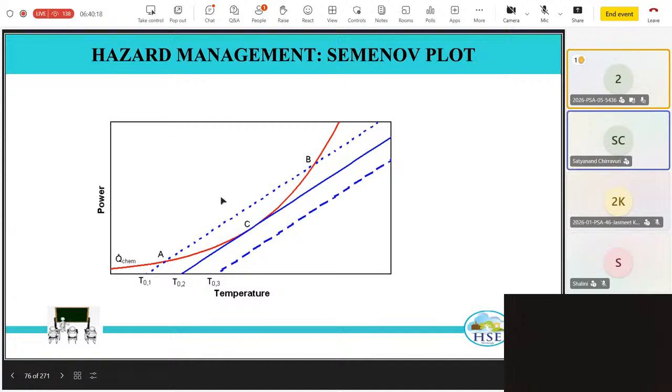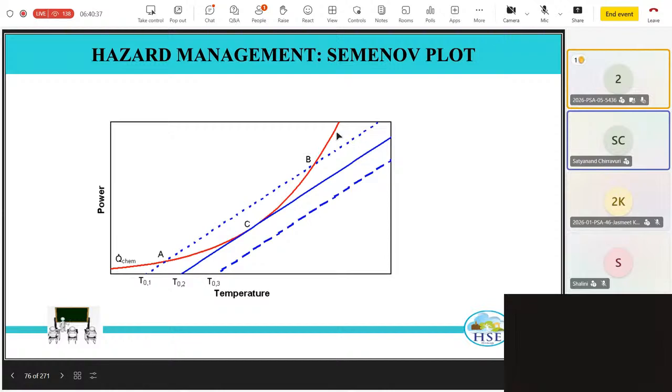You have heat data with respect to temperature. In a typical normal reaction, when you have higher temperature, your reaction rate is going to be higher.